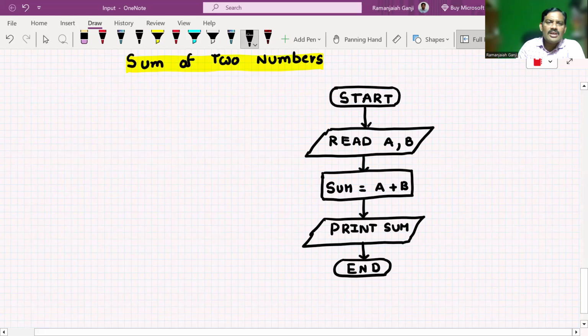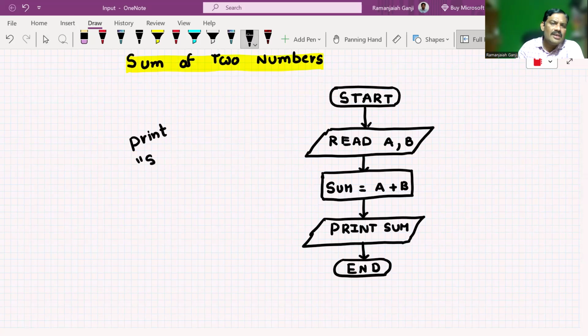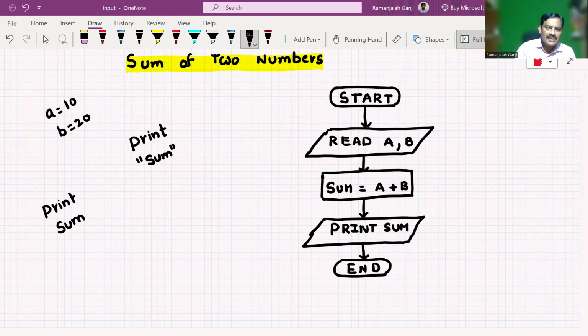See, some people used to write like this: print in double quotes sum. For example, consider there are two statements: A is equal to 10, B is equal to 20. Sum will be calculated. In this case, the output will be only sum. Whatever content is enclosed in double quotes will be printed.